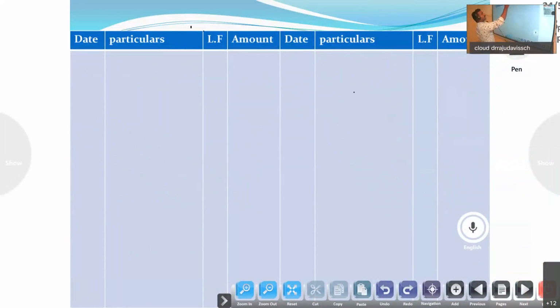Purchase account we will prepare. Date, particulars.